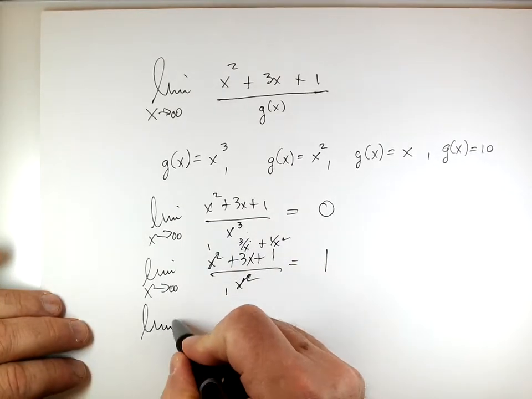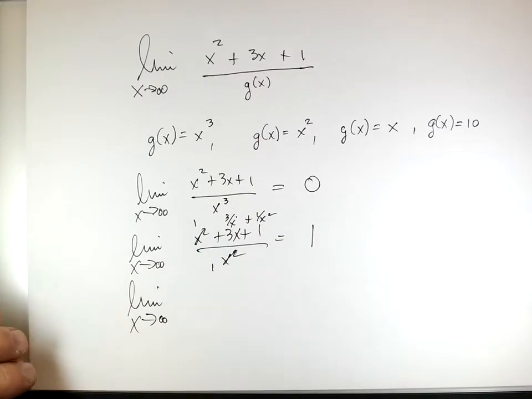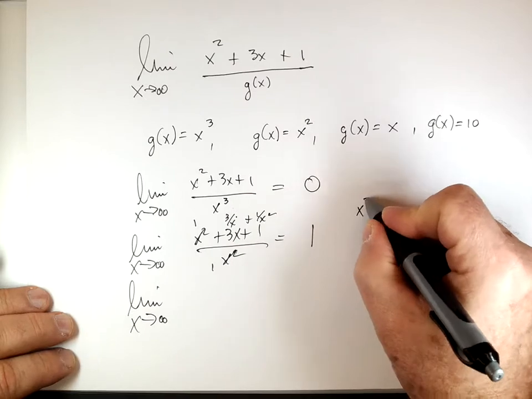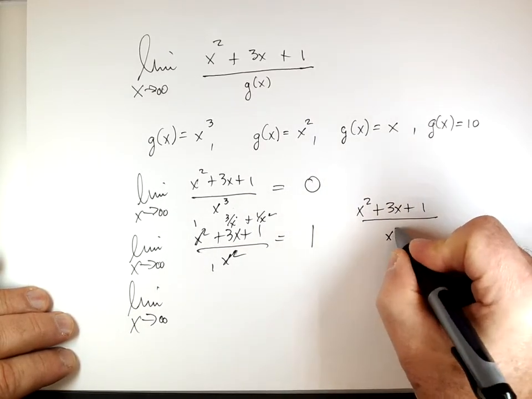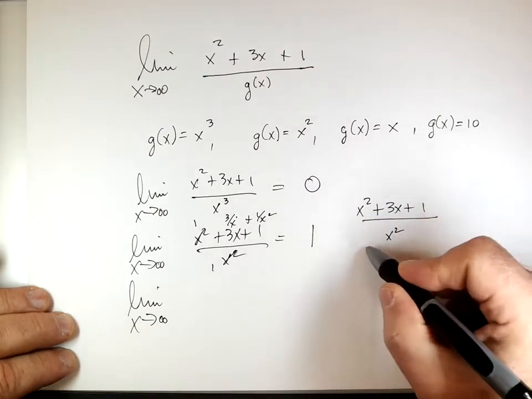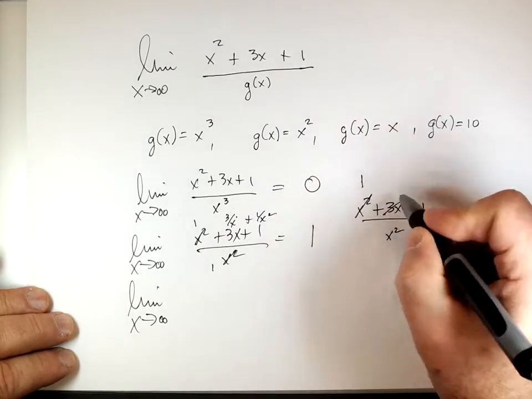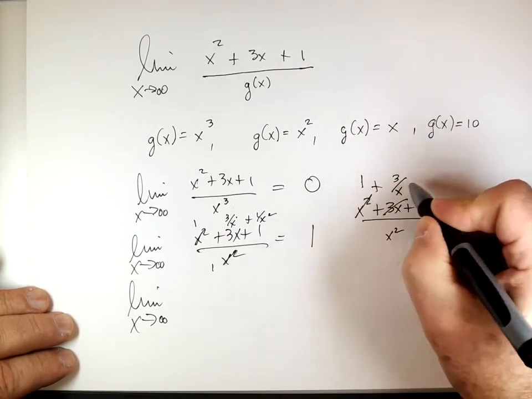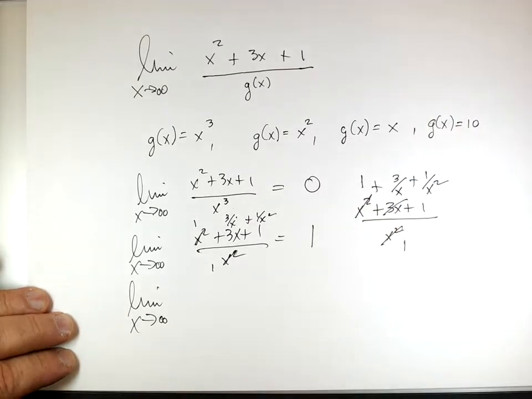Next one, limit as x goes to infinity. Wait, can you go back to that one again? Yeah. 1 plus 3 over x plus 1 over x squared, over 1. How is that 1? You divide numerator and denominator by x squared. That will give you a 1, a 3 over x, and a 1 over x squared. How's that top part 1?